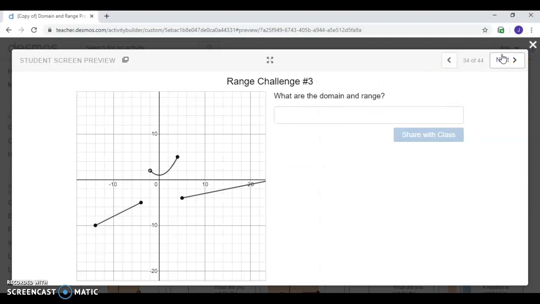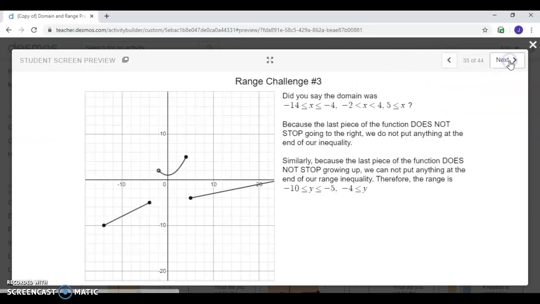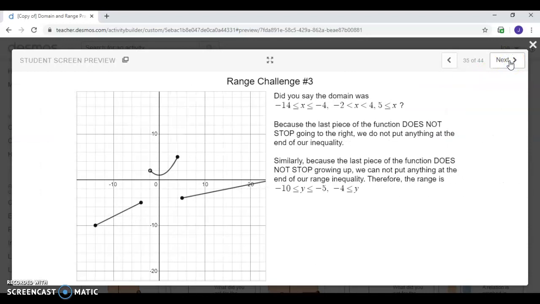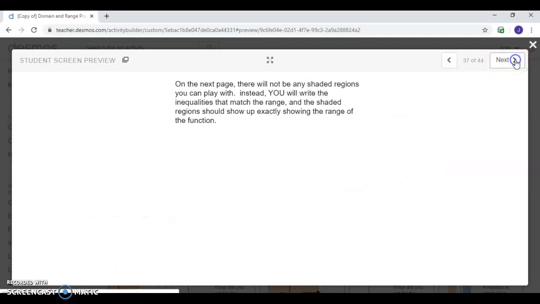And so it asks them how it's different and what is the difference, how this might affect the domain and range. And so here I actually gave them the answer because I wanted them to understand what was different here, that because of this last piece, we would only have a one-sided domain and a one-sided range when we wrote that. And so this is actually where it would end.